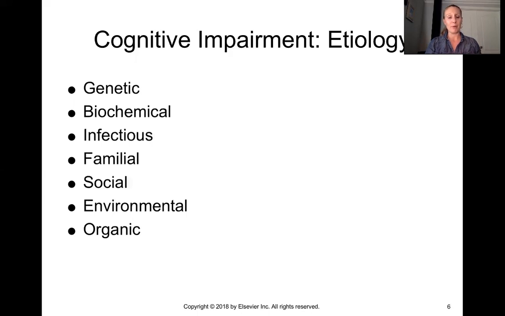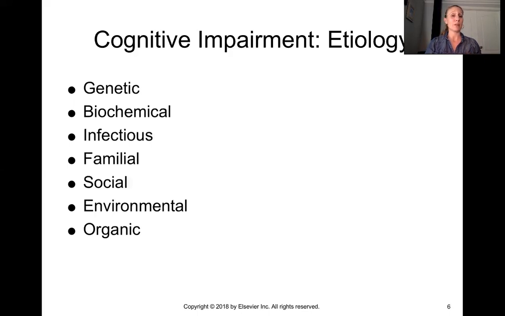From the biochemical perspective, also the chemicals that are ingested. So we can think about, for instance, there was a drug that we used for nausea in England, I believe it was the 50s, and it caused major birth and cognitive defects. So there's different things that are going to affect that.